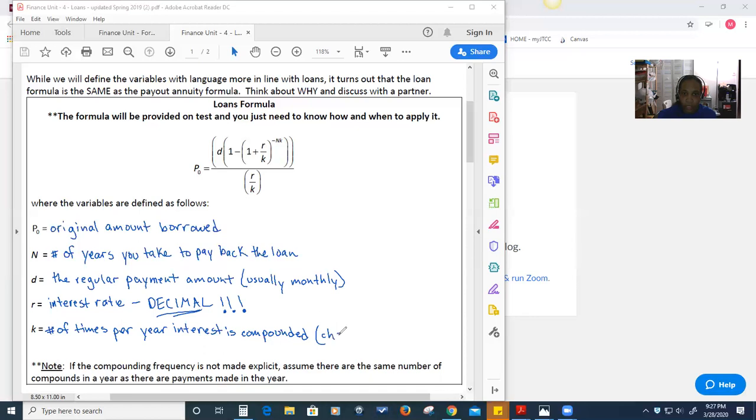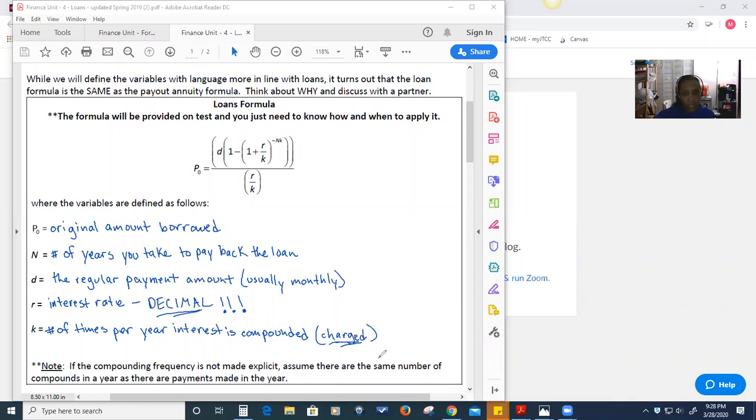And I want to make an emphasis here. This time you're being charged the interest. You're not earning any interest. You've just taken out a loan, so you're paying back interest to whoever loaned you the money. Okay.